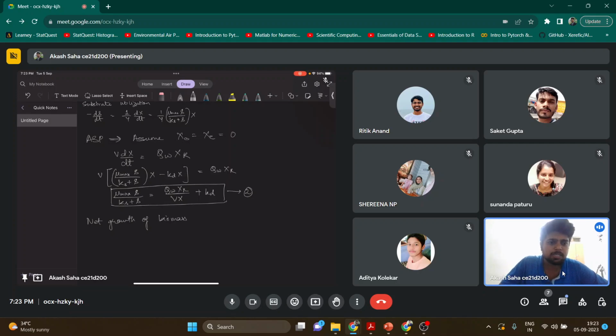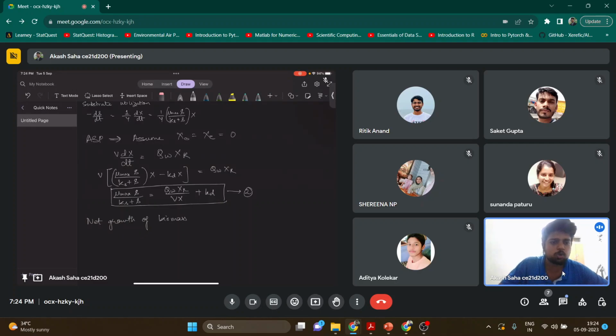So all the biomass already present in my aeration chamber is utilized for the production of new biomass. Similarly, we are also expecting that in the effluent there is no biomass. So that's why the Xe term is also becoming zero. I'm expecting that all my biomass will be settling down. It will either come as a recycle or it will be wasted.